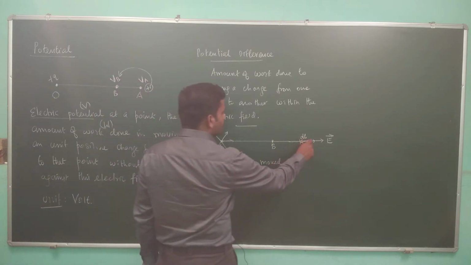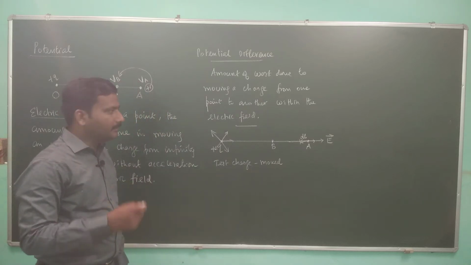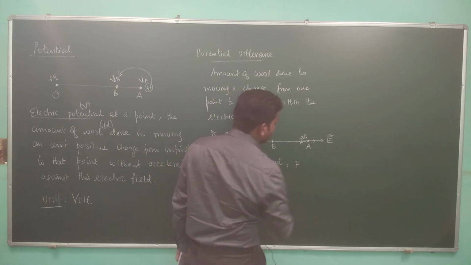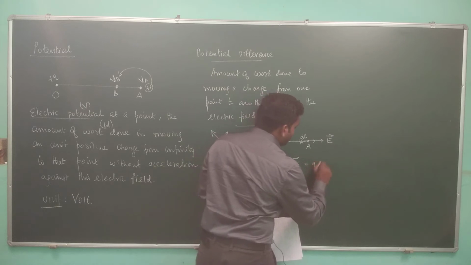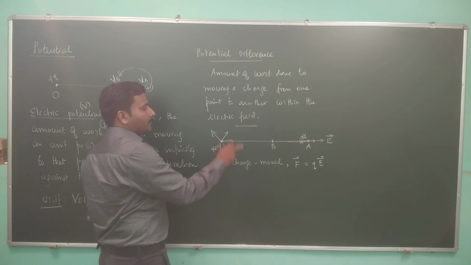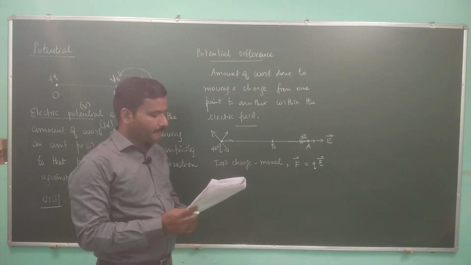When a test charge is moving in the vicinity of the electric field, then it will experience a force F. That force is nothing but Q times E vector, where Q is the charge and E is the electric field at the point of movement.